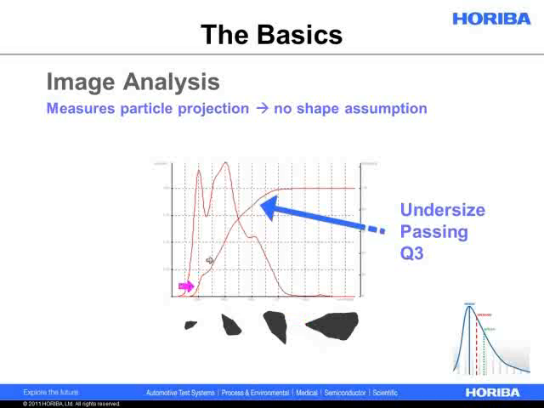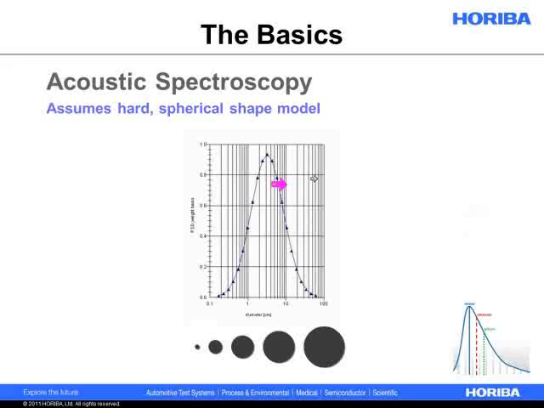This distribution is actually showing us another piece of data, which is called the undersize curve. It could also be called percent passing or big Q3. This is something that is probably familiar with a lot of sieving people in the audience today. Again, acoustic spectroscopy also assumes a hard spherical shape, and also the distribution looks very similar as we've seen before.